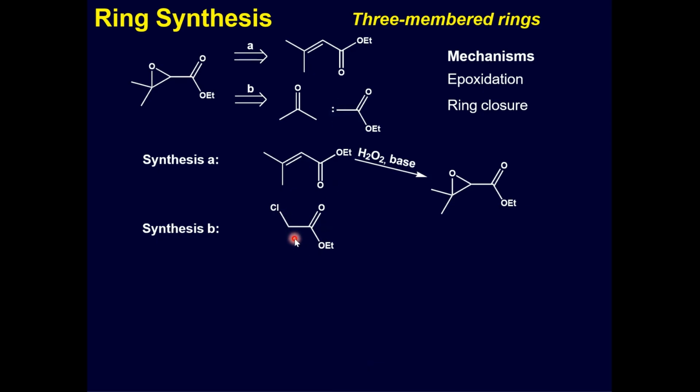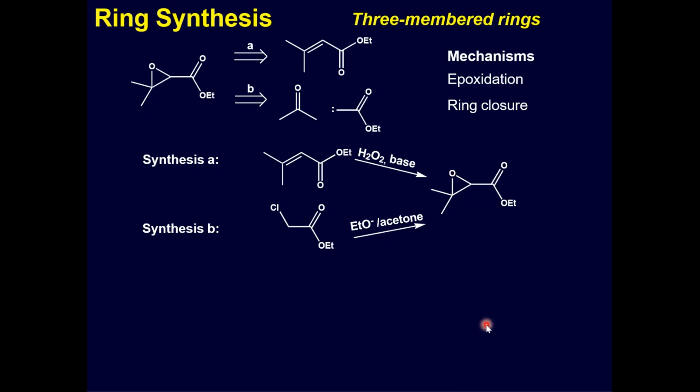I'll get the corresponding chloroethyl acetate. And I treat this chloroethyl acetate in the presence of a strong base like sodium ethoxide. With the acetone, I'll get a ring closure reaction to give the same epoxide.